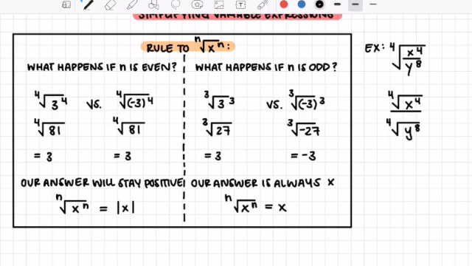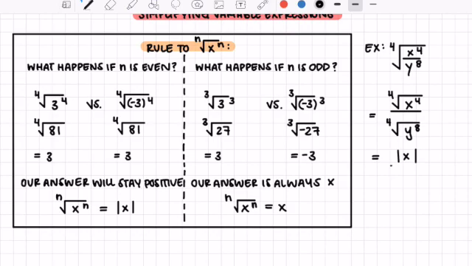So from here, if I were to solve this, again, 4 is an even number and it's the same as the exponent inside. So when I solve this, I'm going to get absolute value of x on the inside.